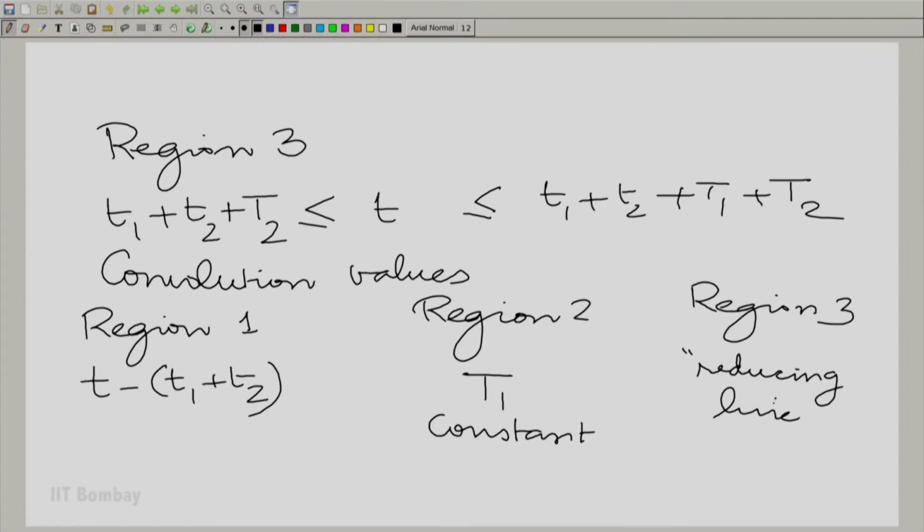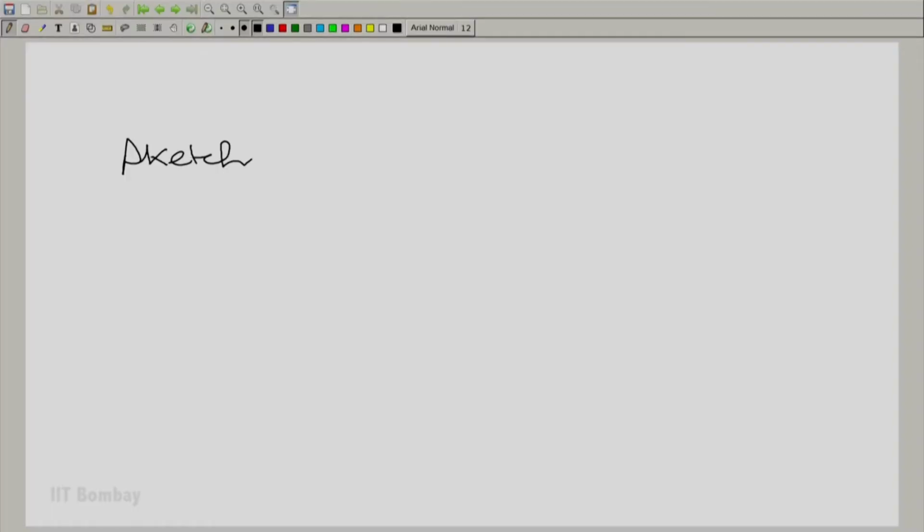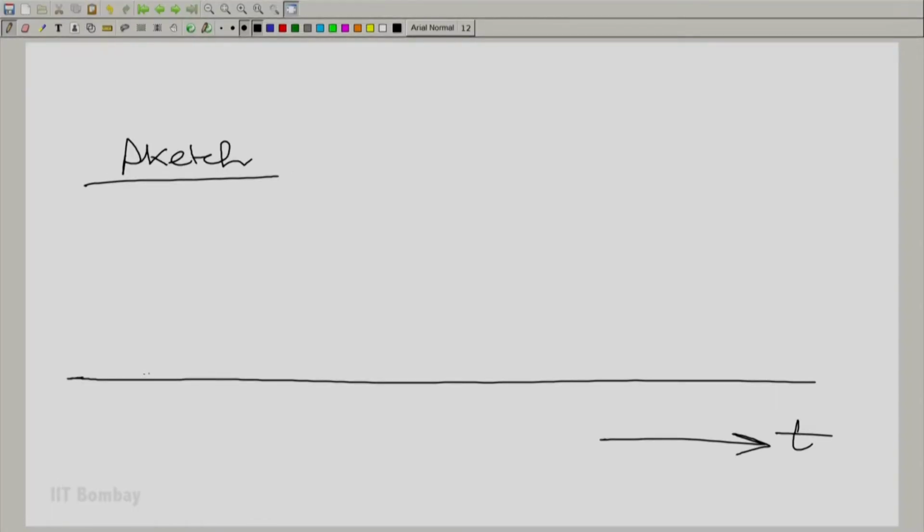So, let us by sketching this get an idea. First, the convolution rises, reaches T1 and then goes to the end, falling off as a dying line or a reducing line. Now, the convolution is a function of t. It begins at T1 plus T2. There is a transition of behavior at T1 plus T2 plus capital T1.